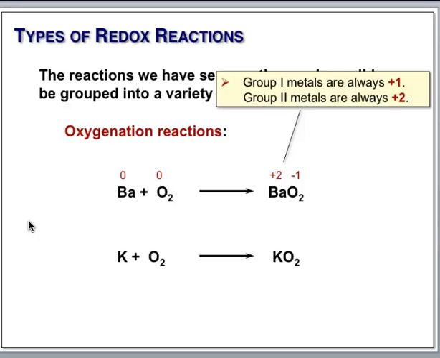Which means that every oxygen is what? -1/2. This is called a superoxide. These are peroxides. In a peroxide, oxygen is -1. In a superoxide, oxygen is -1/2.